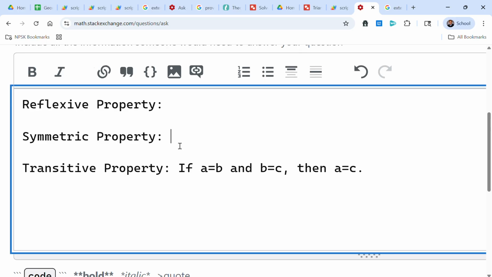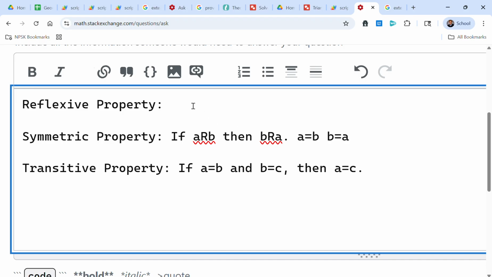The symmetric property is simply, this is kind of silly, but I'll show you what I mean. If A is related to B, then B is related to A. So for instance, if A equals B, we know B equals A. That's all the symmetric property is.